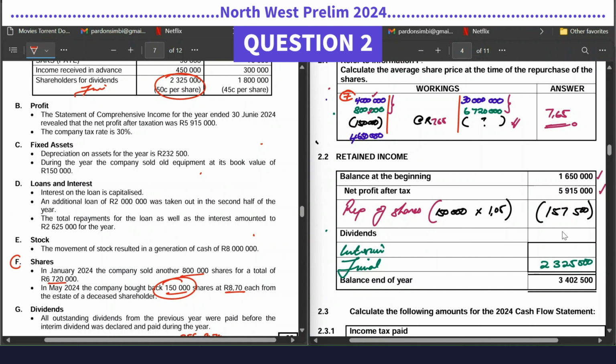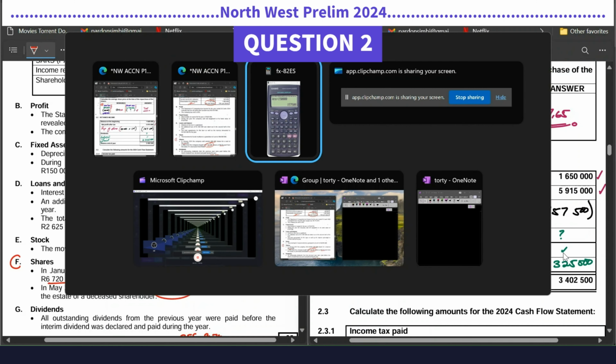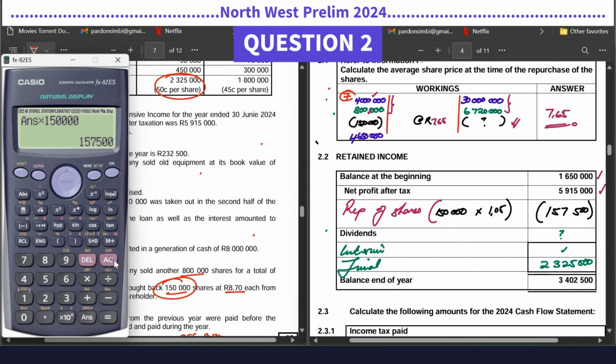Let's have your calculators ready. So on my calculator, I'll start with the 1,650,000 at the beginning. Then I'm going to add my net profit after tax, which is 5,015,000. Are we still okay? Then I'll say minus 157,500, like that.